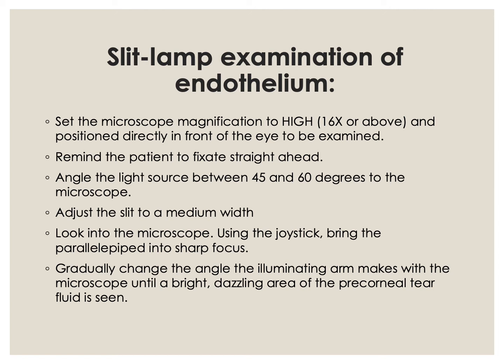Now adjust the slit to a medium width and look into the microscope. Using your joystick, bring the parallelepiped image of the cornea into sharp focus. Gradually change the angle the illuminating arm makes with the microscope until a bright, dazzling area of the precorneal tear film is seen.